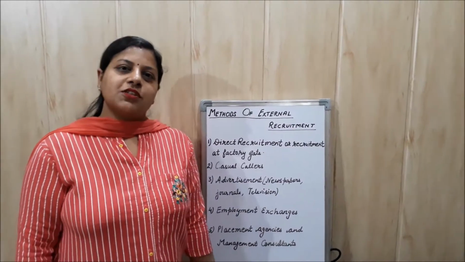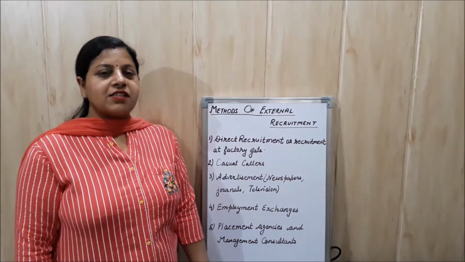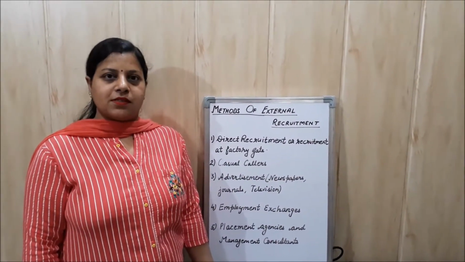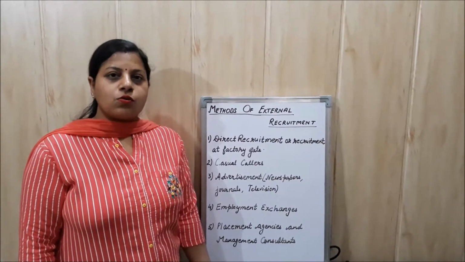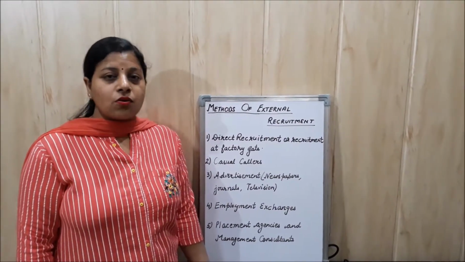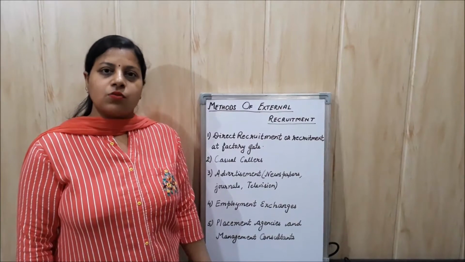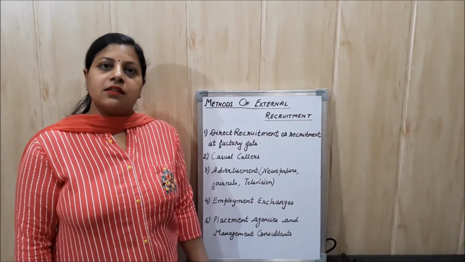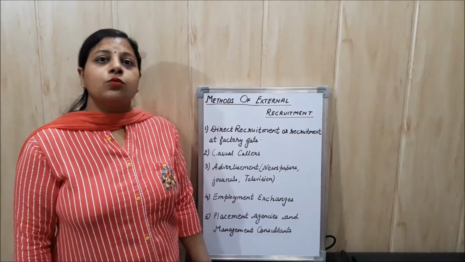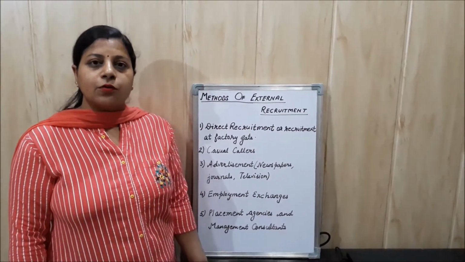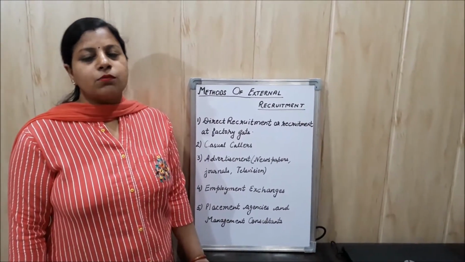Today's topic of discussion is methods of external sources of recruitment. There are two sources of recruitment, internal sources as well as external sources. We have discussed internal sources of recruitment. There are two methods of internal recruitment, that is transfer and promotion.